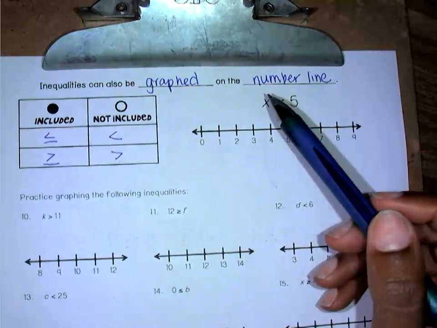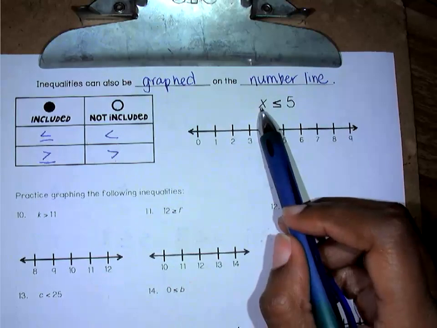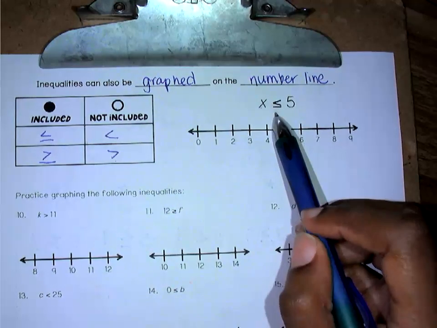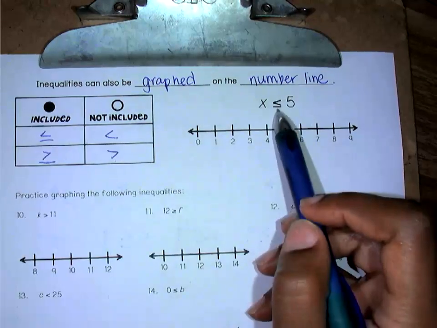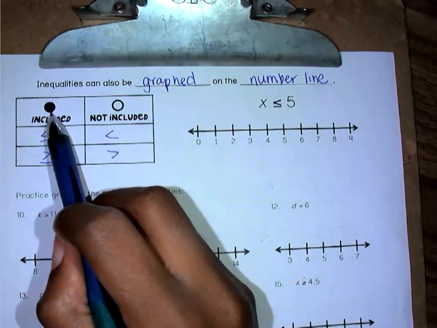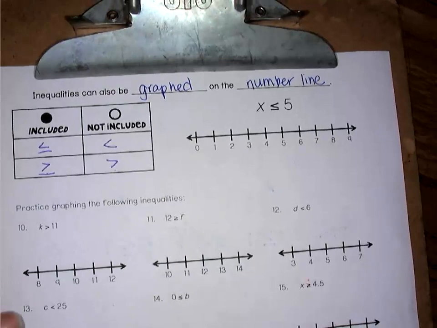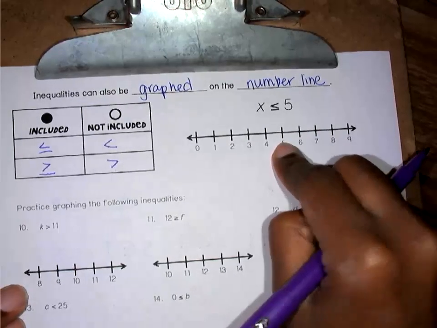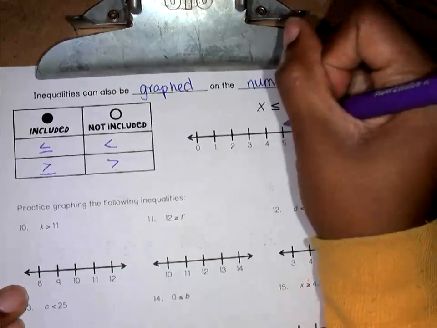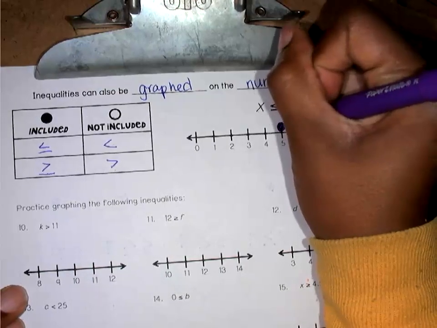All right, so let's look at this example. It says x is less than or equal to 5. So we know that this sign makes this circle going to be closed. So what this will look like is you're going to go to 5, right? And then you're going to put a closed circle.